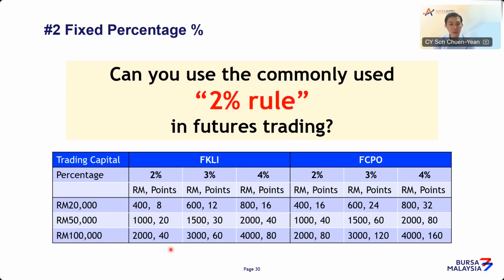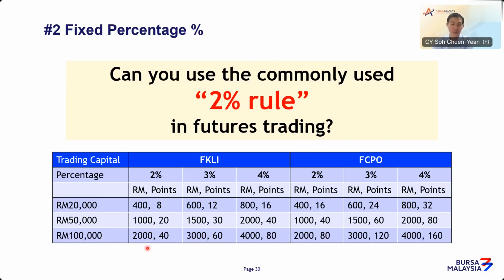Okay, so if you look at this, this is actually calculated based on one contract only. So 20,000 to trade one contract, 50,000 in your account to trade one contract, 100,000 account to trade one contract.